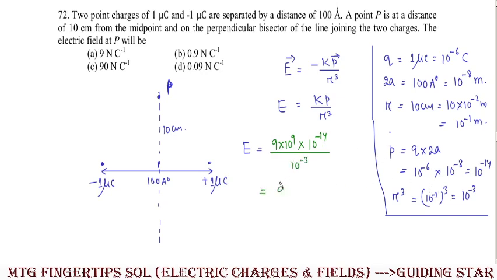So it will be 9 into 10 to the power 9 minus 14 plus 3, so it will be 9 into 10 to the power minus 2, which is 0.09. So the net electric field in that case will be 0.09 Newton per coulomb. So option D will be the correct one.